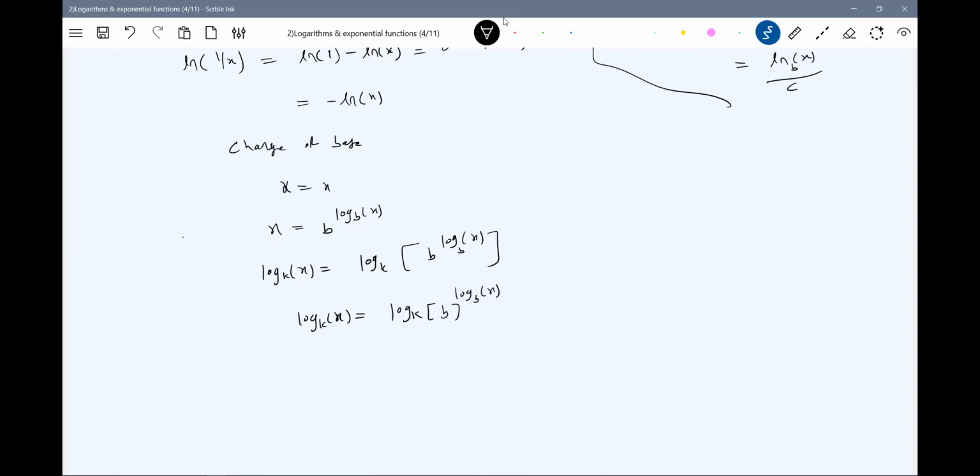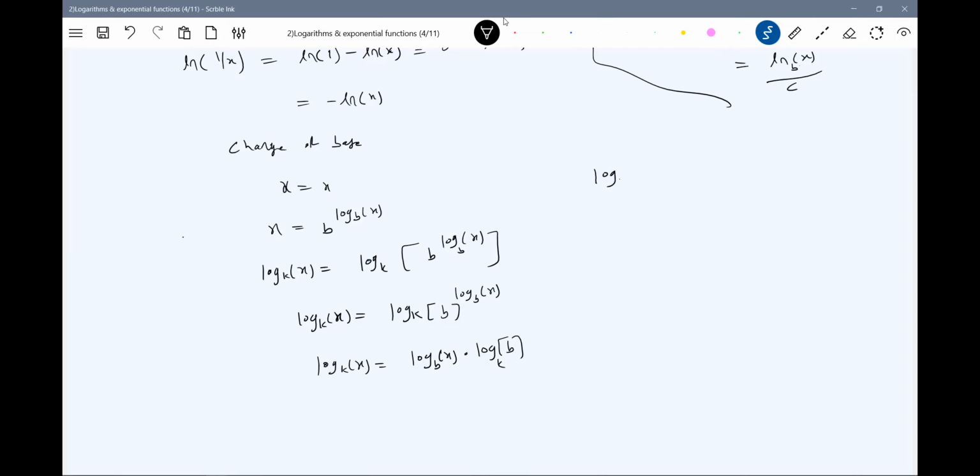Okay, no? Now this will become log x to the base k equals log x to the base b into the product of log b to the base k. This I'll send to this side.